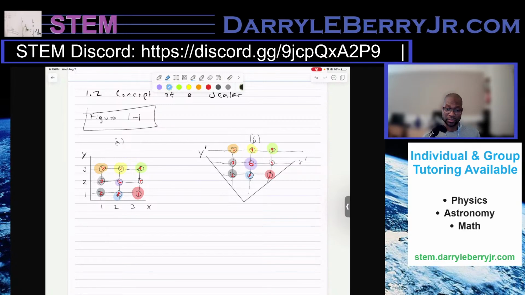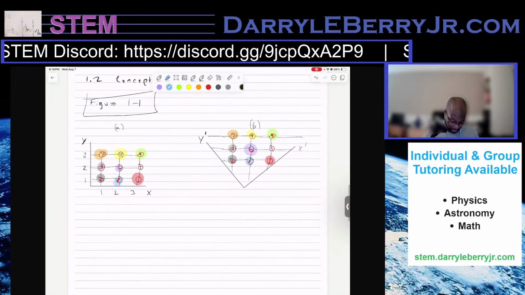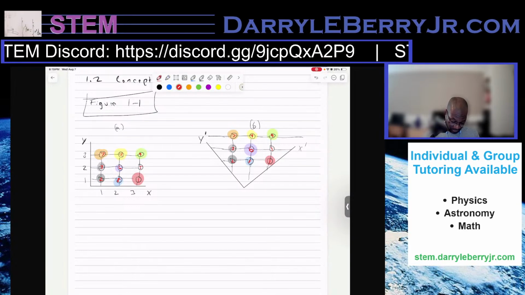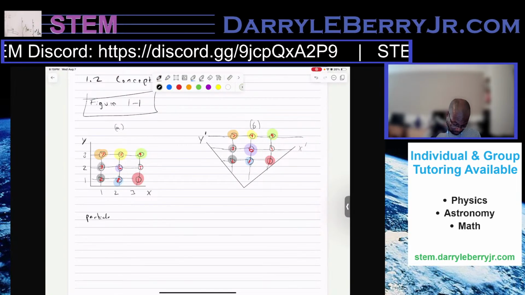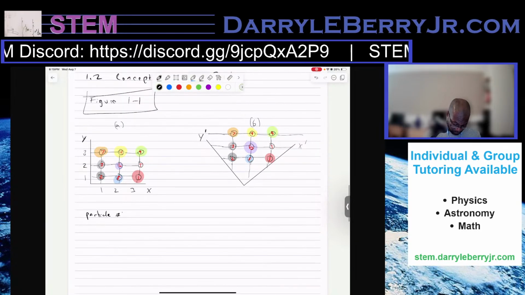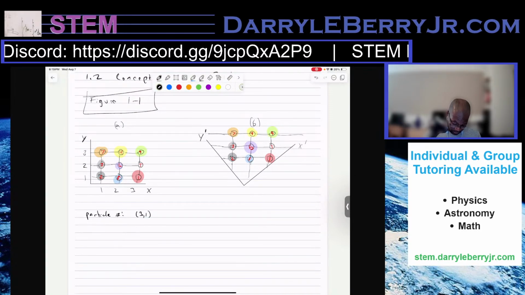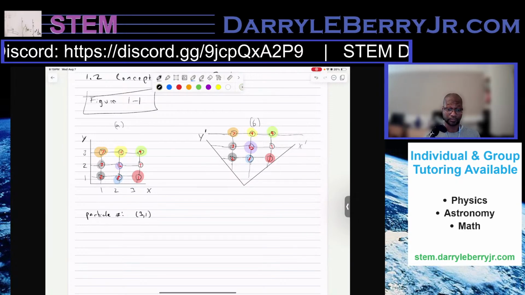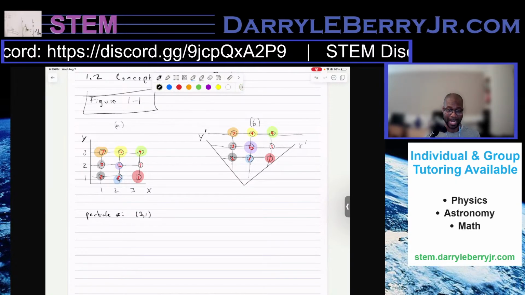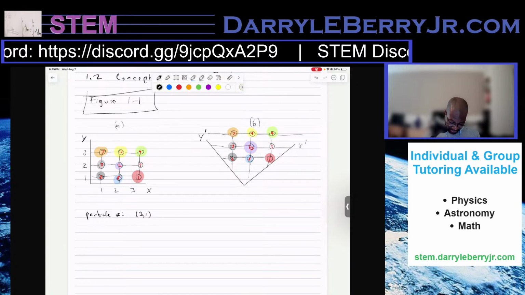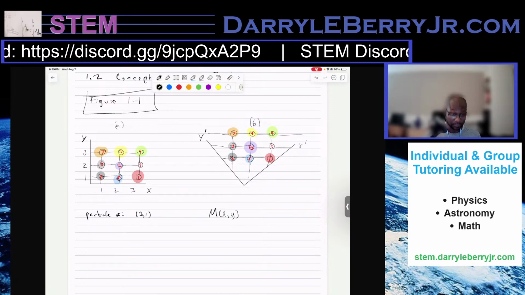The coordinate axes are shown so that we can specify a particular particle by a pair of numbers x, y. So for instance, particle 7 is at 3, 1, for example. The mass m of the particle at xy can be expressed as m(x, y).